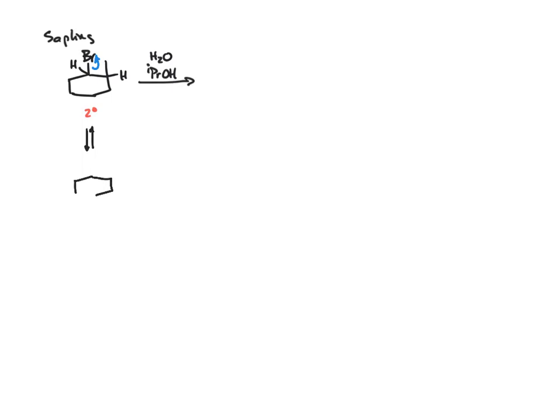Carbon gets a positive charge. So then I'll just draw the bromide. That's the counter ion. So again, this is the rate determining step for an SN1, and it's called ionization. You're forming a secondary carbocation.